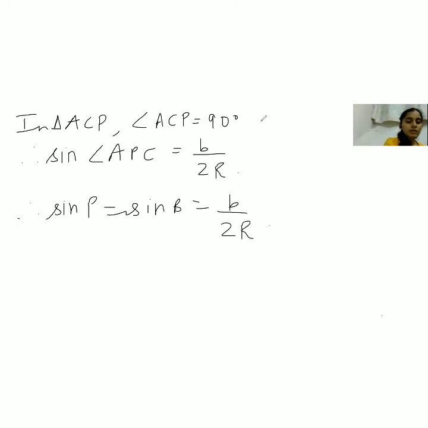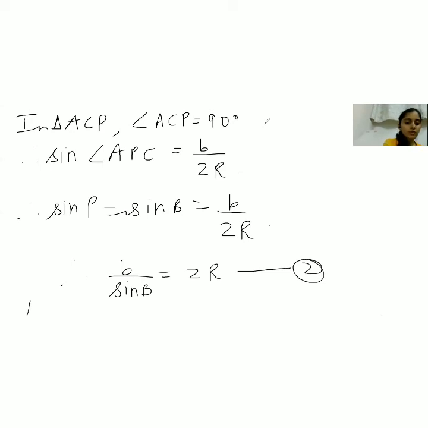Therefore, b upon sine B is equal to 2r. This we call equation 2.